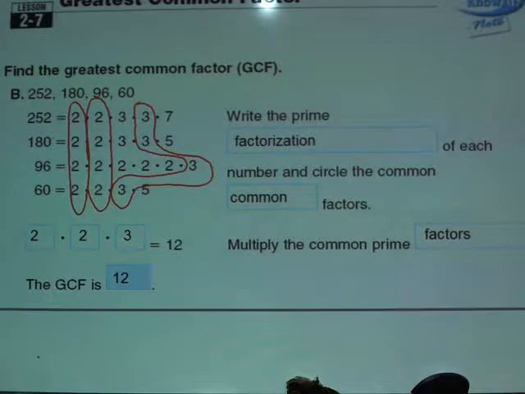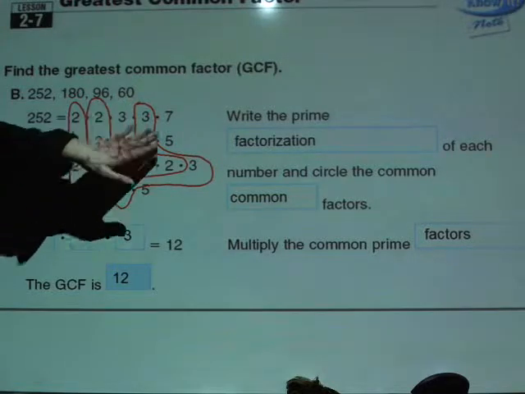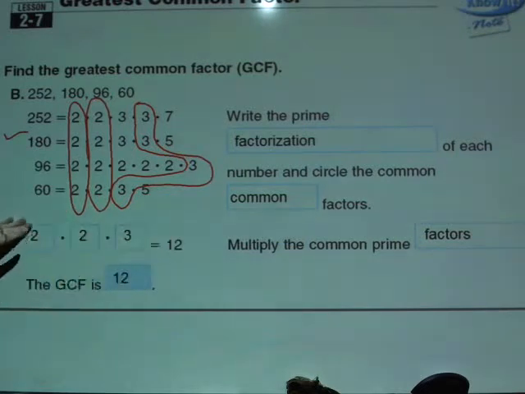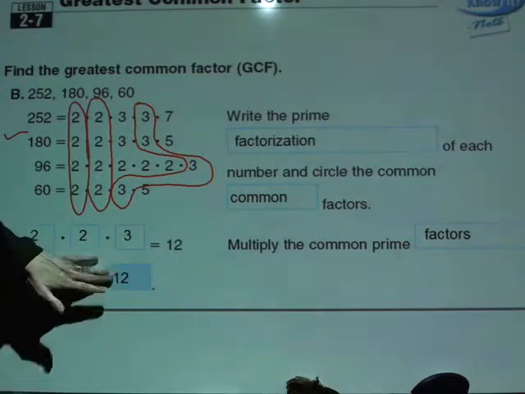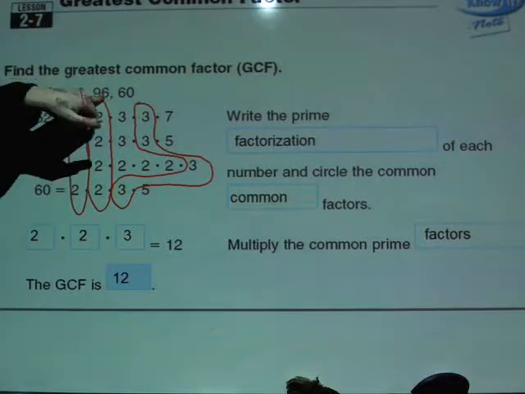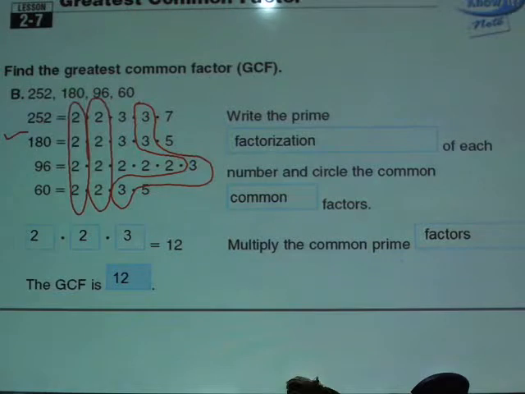Okay, so at this point, remember again, the directions were pick a row, doesn't matter which one, so let's say I pick the 180 row, and I'm going to multiply together what I've circled in that row. So 2 times 2 is 4, times 3 is 12, which is what they're showing you right here. And remember, that result is your greatest common factor. So the biggest number I can take out of 252, 180, 96, and 60, all 4 of them, is 12. The greatest common factor is 12.